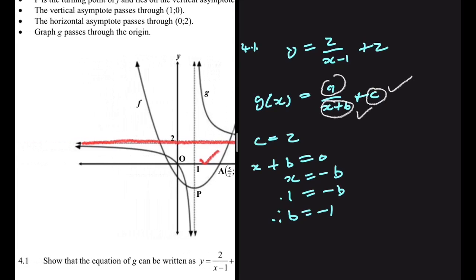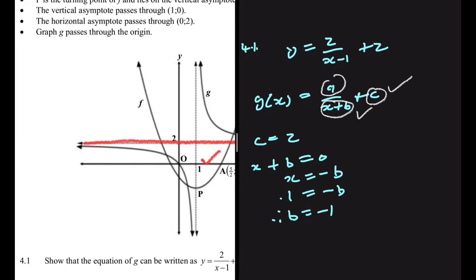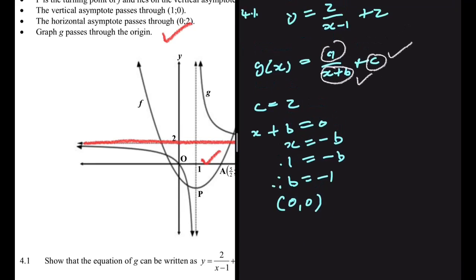In our question statement, we are told that the graph g passes through the origin. So on the function g of x, we have a point of coordinates 0 and 0. If we substitute that, we're going to be able to find the value of a. So let's go ahead and do that. The y value at this point is equal to 0, and then we have a divided by x plus b. X at this point is also equal to 0, while b on the other hand is minus 1, and then plus c, which is plus 2.